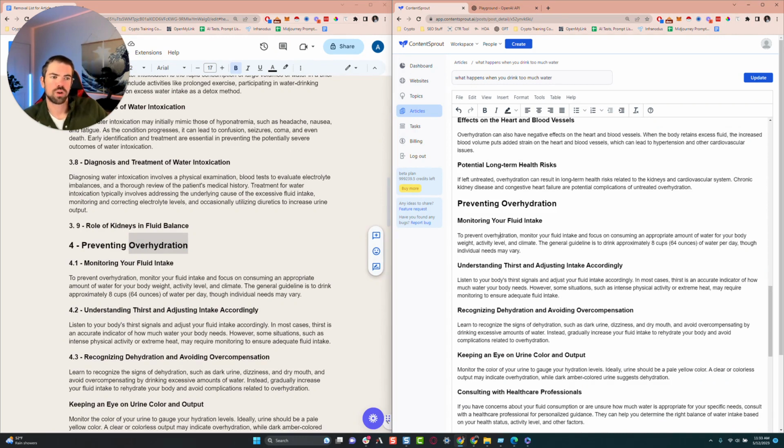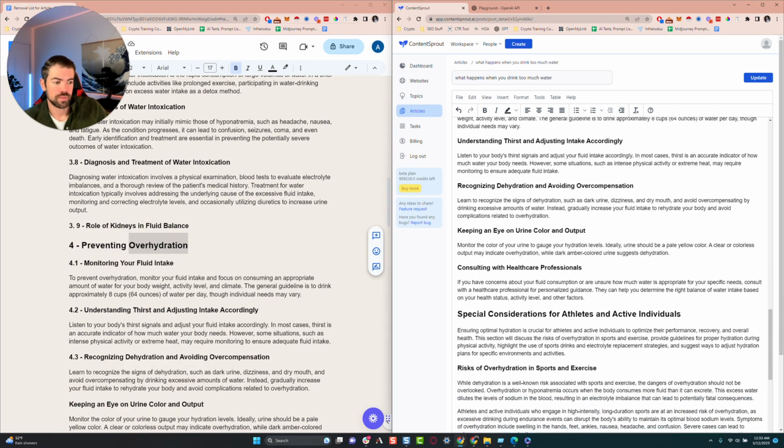So I don't know if you necessarily would want to do this, right? Think about it this way. If we want to be as focused in as possible, do we want to talk about preventing it, or are we trying to target something else? Because we can have a whole article talking about this, and maybe this article could even keep this. That's up for you to decide, right? So let's see here.